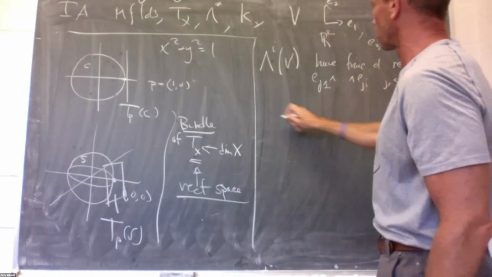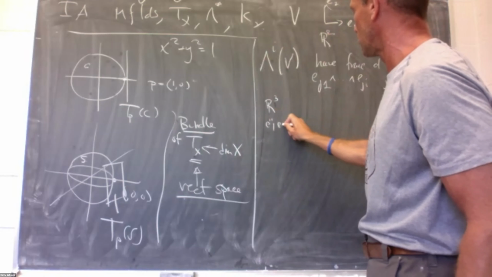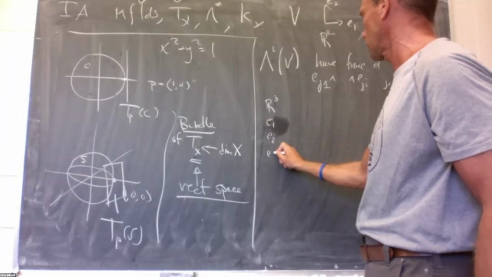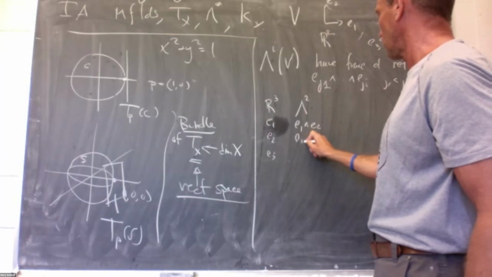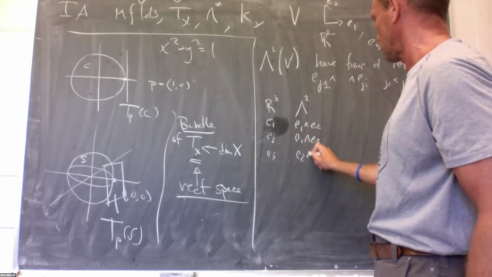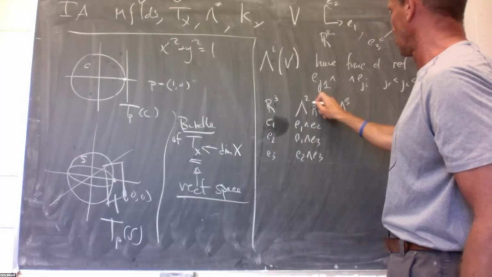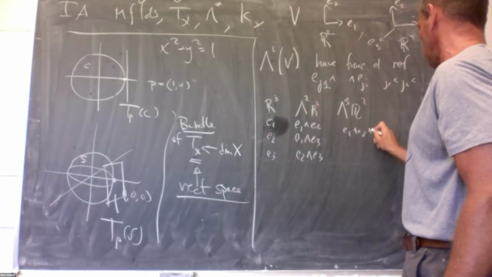So in our particular case, say R3, we would have the basis E1, E2, E3. For wedge 2, we have E1 wedge E2, E1 wedge E3, E2 wedge E3, and then wedge 3, we just have E1 wedge E2 wedge E3.